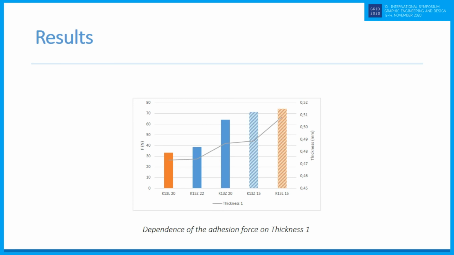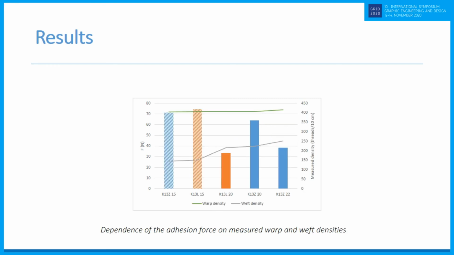Here, the dependence of the adhesion force on the thickness of the fabric, measured according to the textile standard on the samples, is shown: the adhesion force increases with increasing thickness. The adhesion force decreases with increasing weft density for the same width.